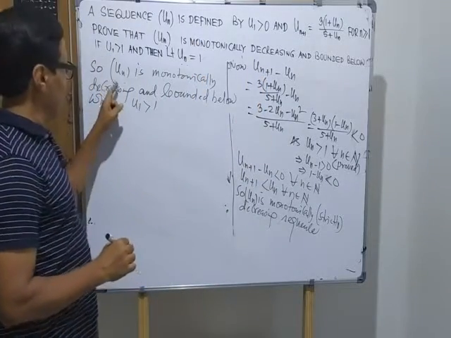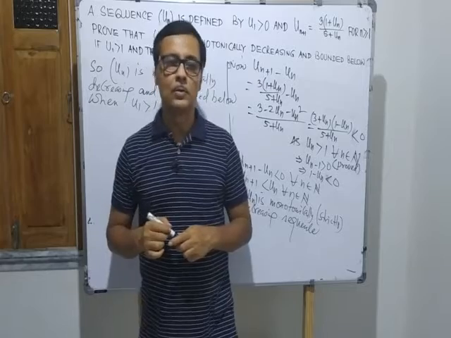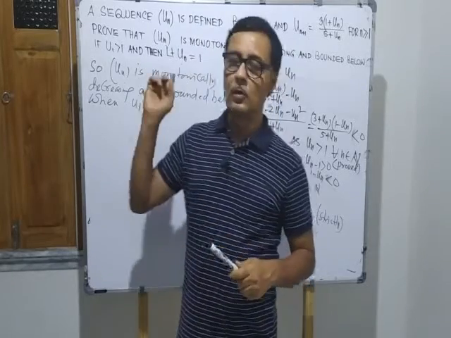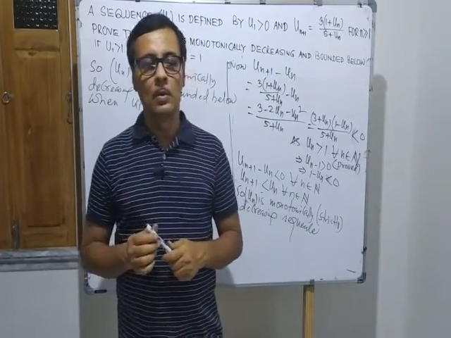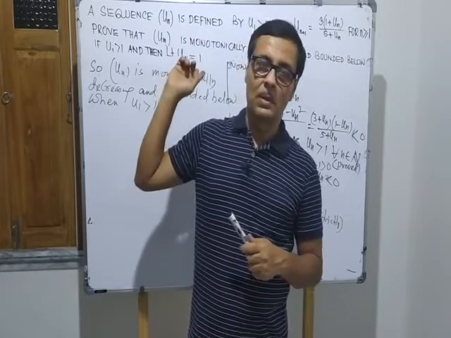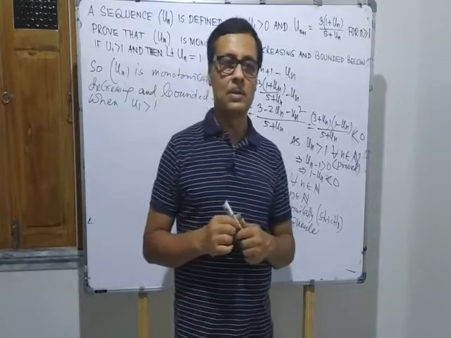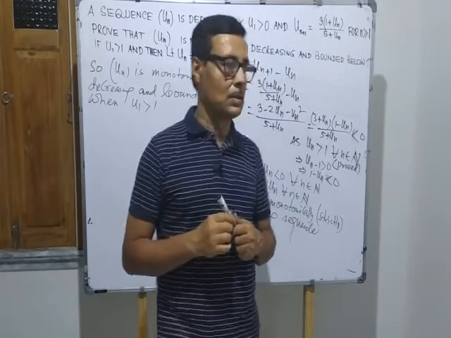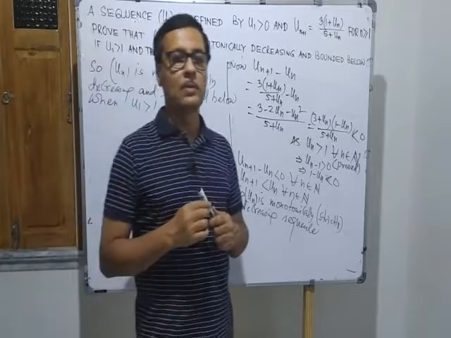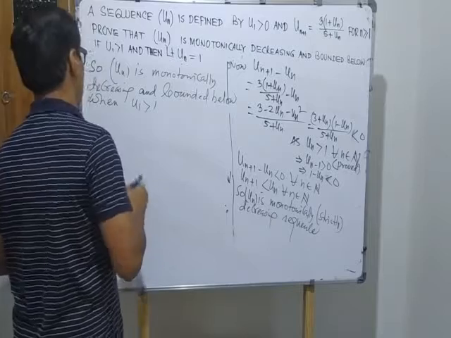From this statement we can conclude that the sequence is convergent, because we know every monotonically decreasing and bounded below sequence is convergent. If a sequence is monotonically decreasing and bounded below, then this sequence is also convergent. Convergent means the sequence has a limit point.